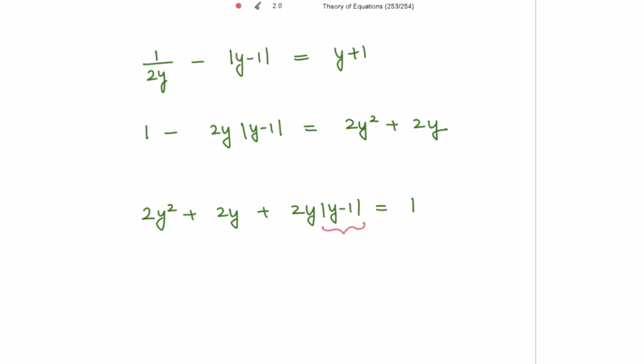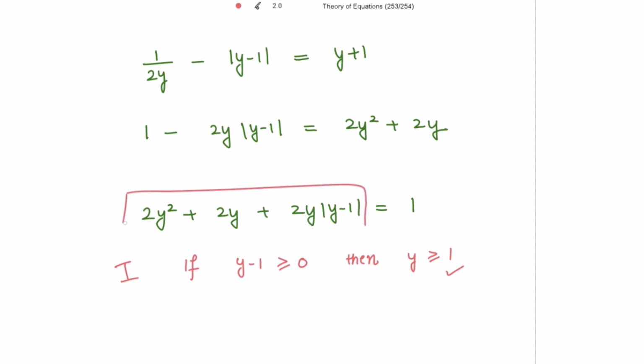Now here we are having the absolute value of y − 1, right? So first case, if y − 1 ≥ 0, then y ≥ 1. And if y ≥ 1, then this complete left hand side is strictly greater than 1. Let me mark this equation as 1.